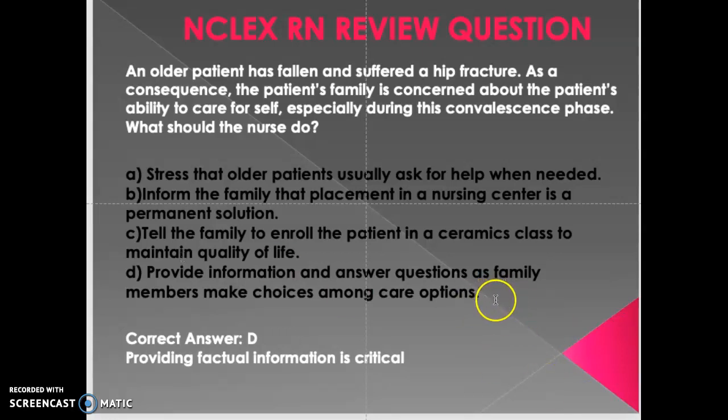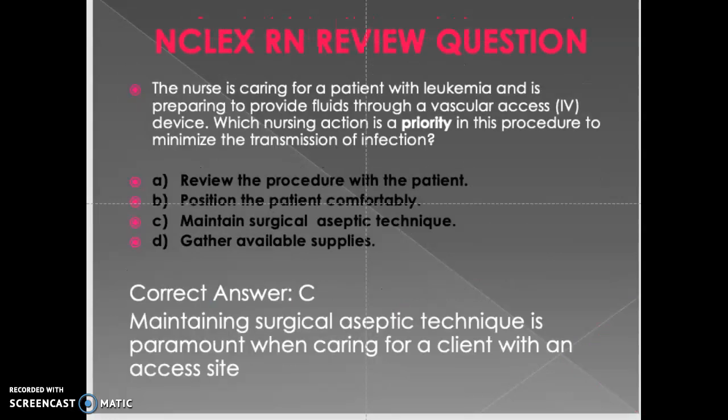It's always important to provide factual information. It's critical. You don't want to provide any information that is inconsistent with the care of the patient and gives them false hopes. You want to provide information and support for your patient in an honest and very factual way. That's the rationale for that question.